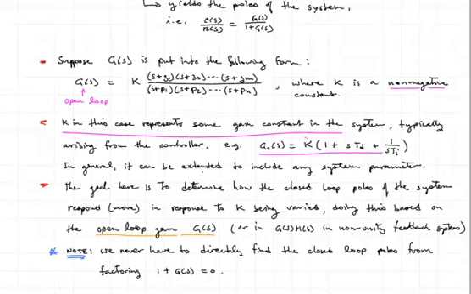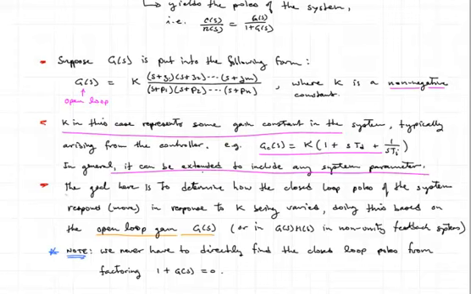So in general, it should be noted that the root locus method can be extended to include any system parameter. So you're not stuck with just varying this particular k that's in this location in our transfer function. But we will limit ourselves for now to a k that scales the entire open loop G(s).